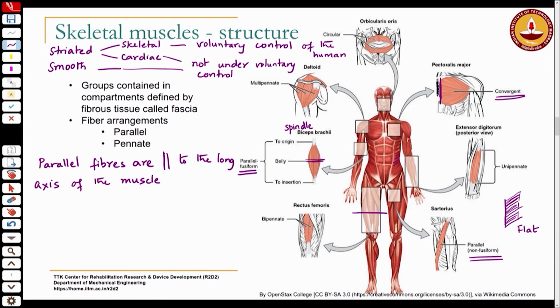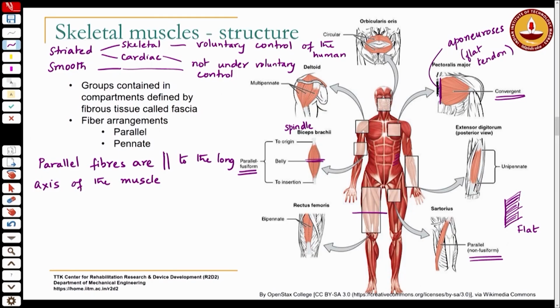So this is called the convergent type of parallel muscle fibers. This sort of flat tendon is called an aponeurosis. It is basically a flat tendon over a large area. So that is how it attaches.